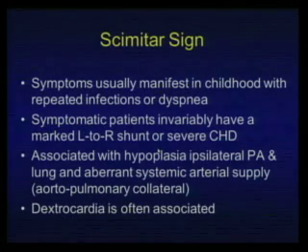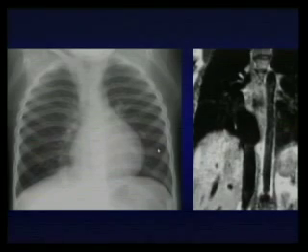In patients that are symptomatic, probably it's because they have a left to right shunt, or there is a severe congenital heart disease. This anomaly, that is the anomalous venous return, is associated with a hypoplasia of the pulmonary artery and the lung, and sometimes you can see a dextrocardia as an associated finding.